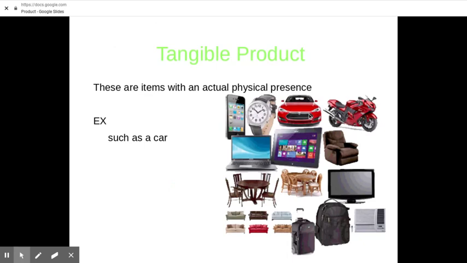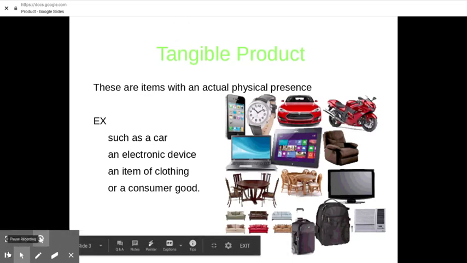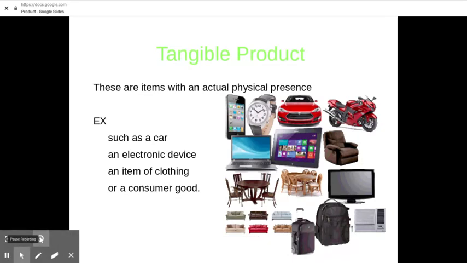We have a car, electronic device, so those three, item of clothing, or a consumer good. So the main thing we really want to take away: tangible, touch. They both start with a T. Tangible, actual physical presence, something we can touch. This would be a product.